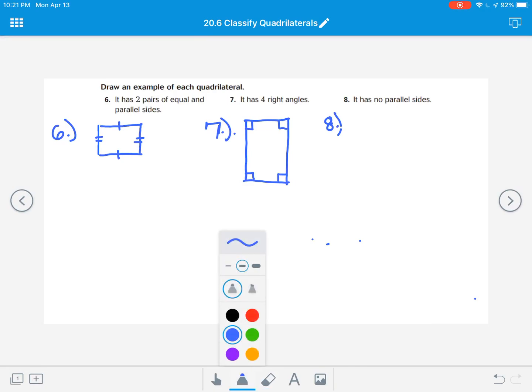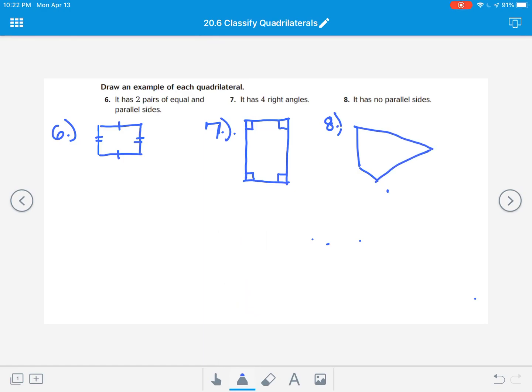It's hard to draw a quadrilateral without parallel sides. Oh, I curved that a little bit. All right. I'm going to get it. I promise. It's going to be great. All right. Something like that.